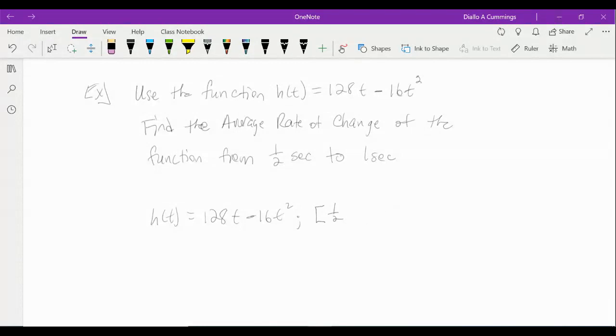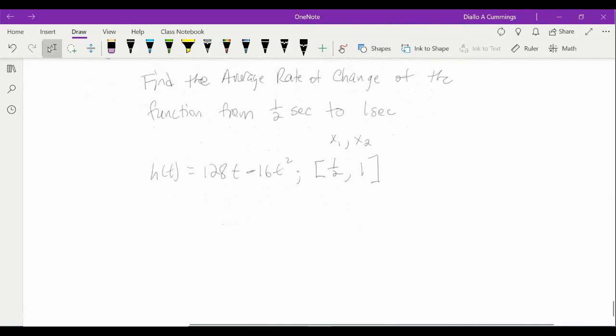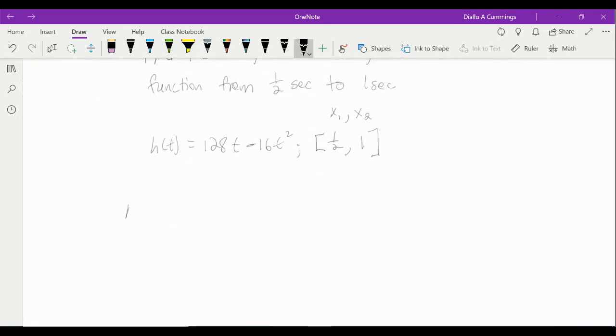So we have the interval from 1/2 to 1. So that first time we have, that's going to be x of 1 comma x of 2. So we're going to write out this average rate of change. I'm going to abbreviate that as h of t sub 2 minus h of t sub 1 divided by t2 minus t1.